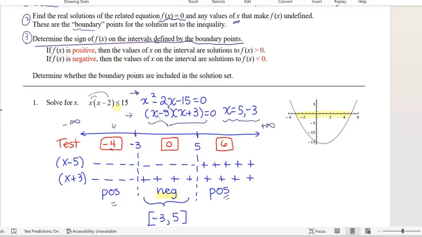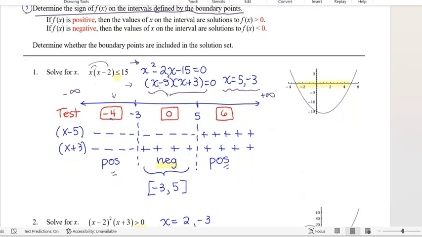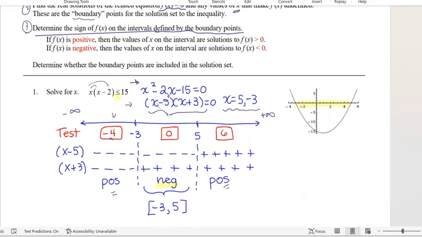In this case, because I need the expression to be less than or equal to 0, less than 0 should be negative, so only this one is negative.